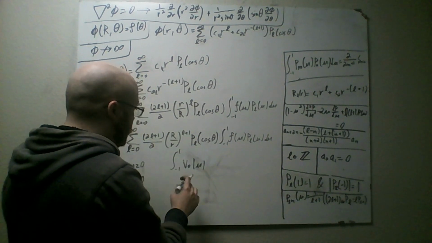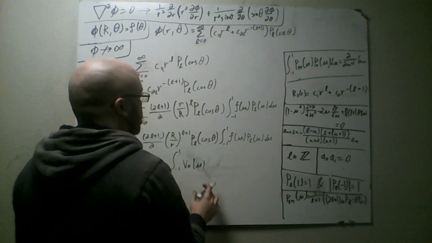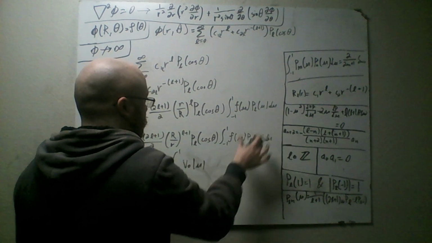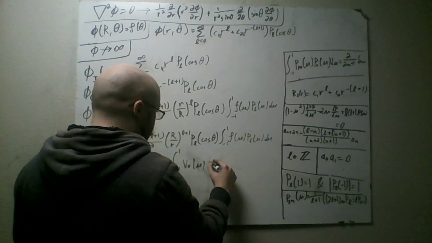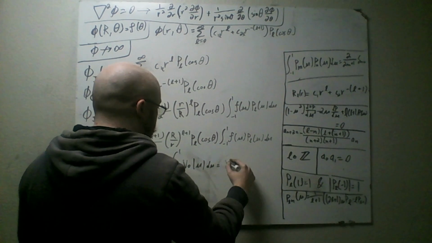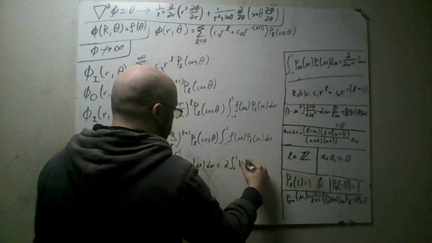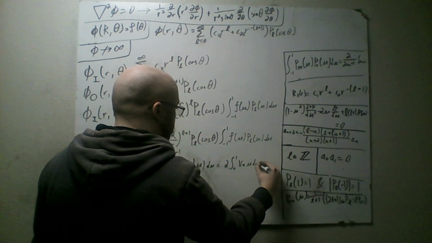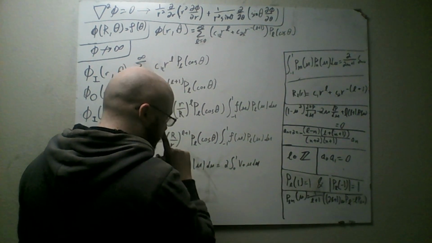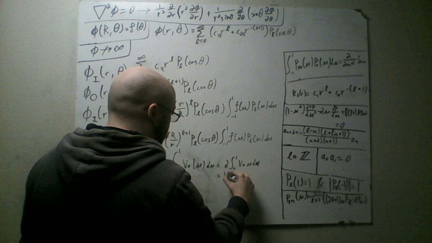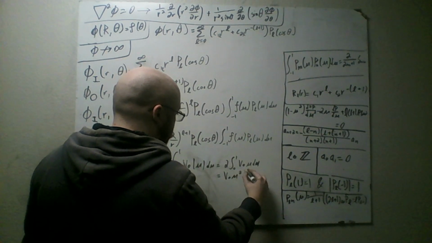This is an even function, so it becomes 2 times the integral from 0 to 1 of mu. So this ends up becoming nonzero.